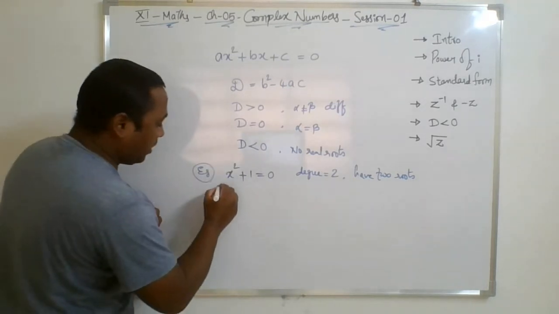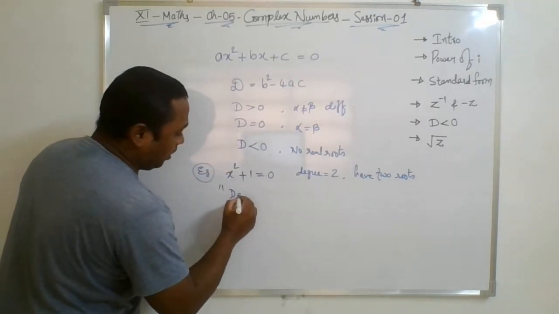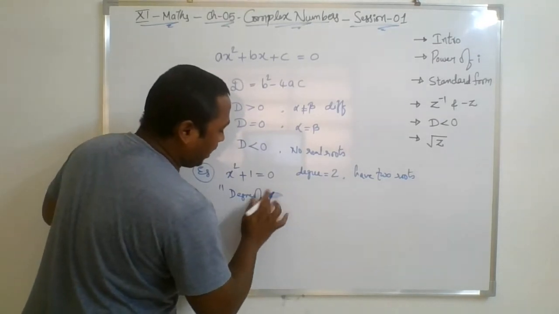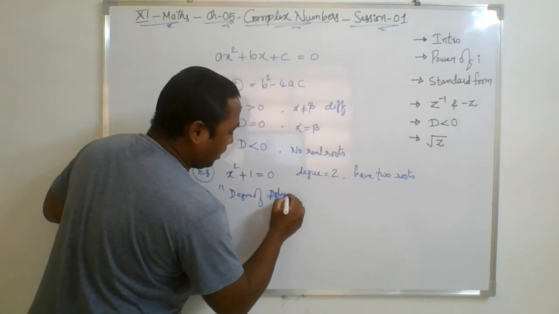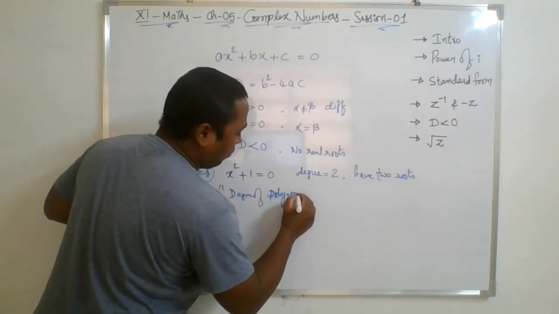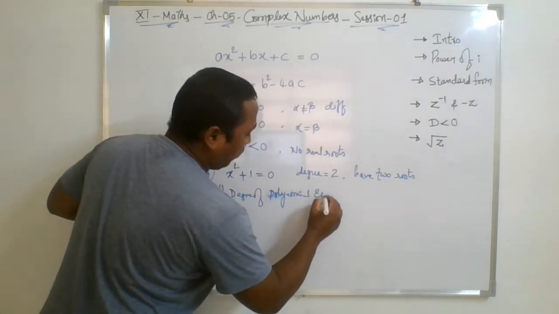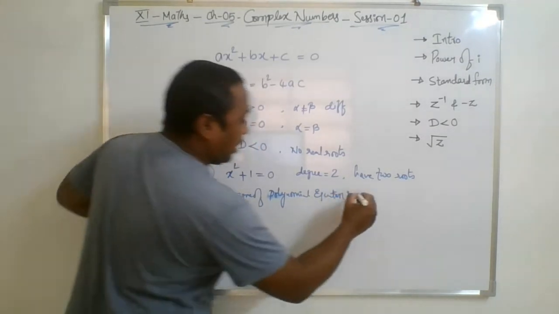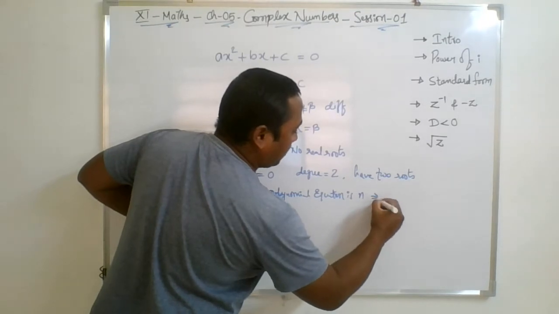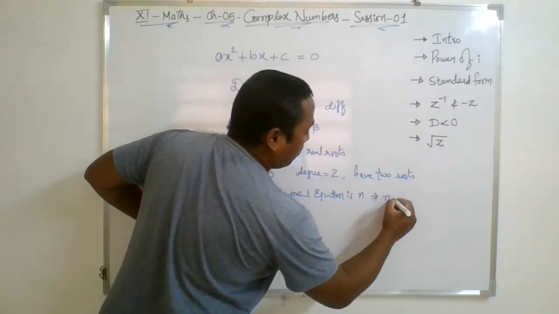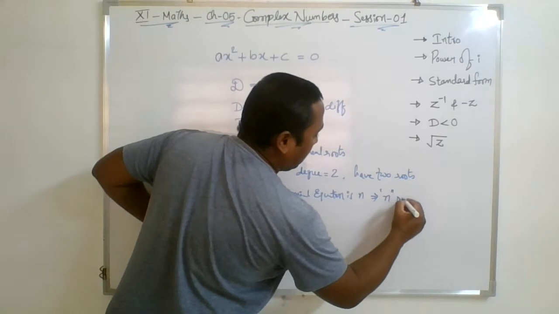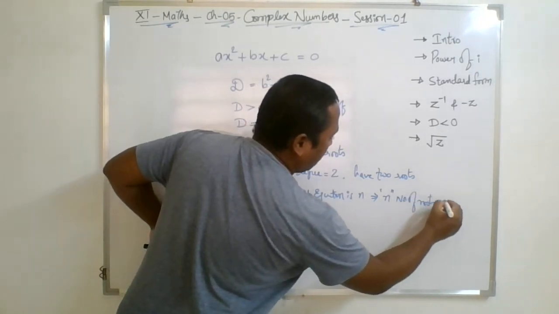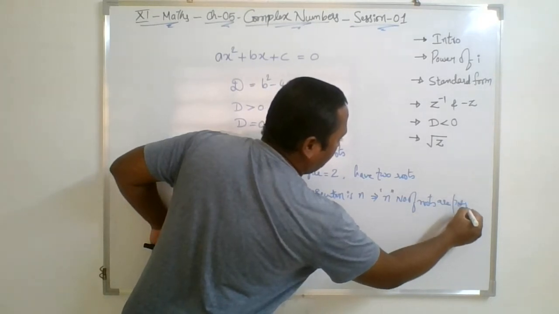I repeat, if the degree of any polynomial equation is n, it implies that n number of roots are possible.